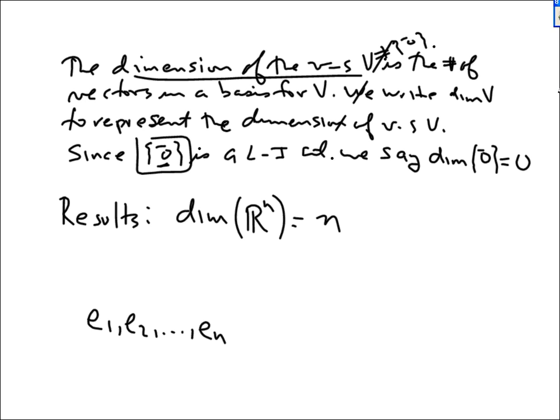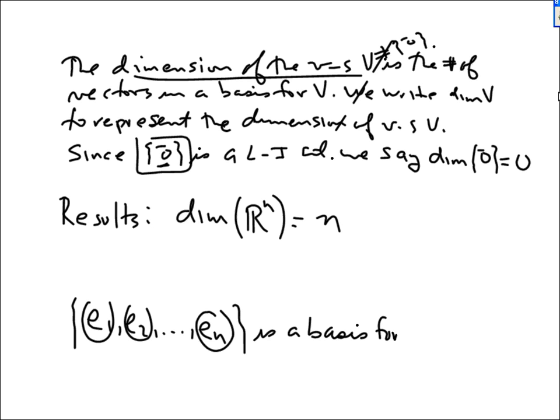And this is n of them: 1, 2, 3, 4, 5, all the way up to n. This set is a basis for the vector space Rn. And since there are n vectors that make up the basis, the dimension of Rn is n.